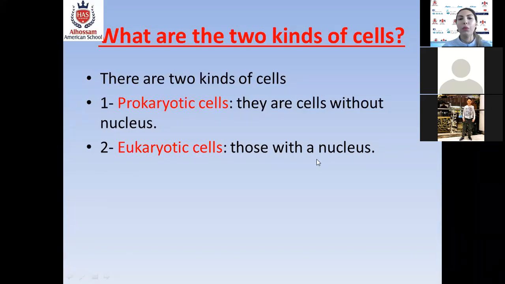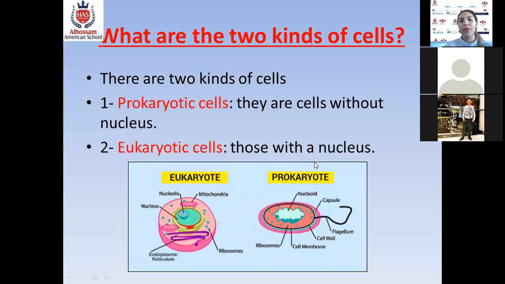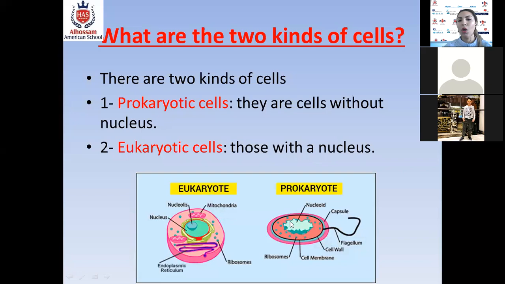So what's the difference between them? Like in this picture, in a prokaryotic cell we have no nucleus, while in a eukaryotic cell we can find the nucleus at the center of the cell.